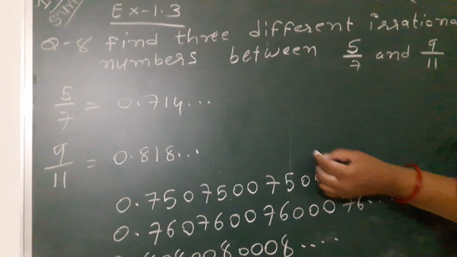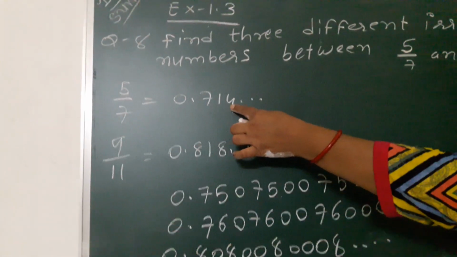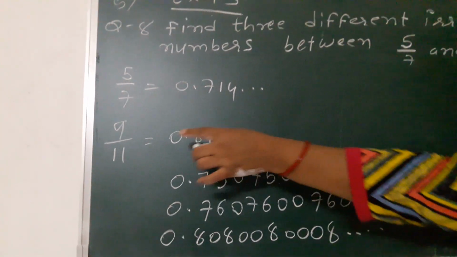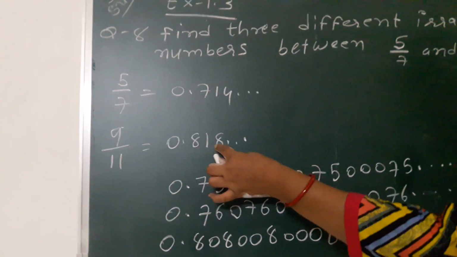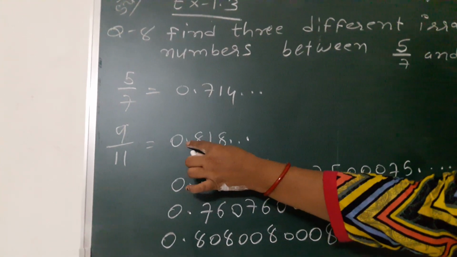So 5 by 7 is equal to 0.714 to infinite, because it is non-terminating recurring. Here 9 by 11 is also non-terminating recurring. We are considering 3 digits after the decimal.